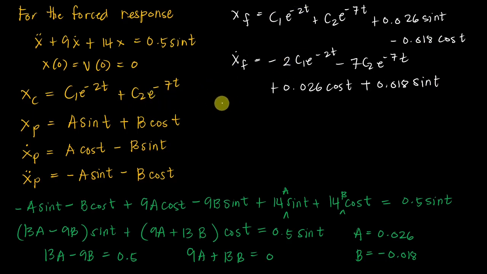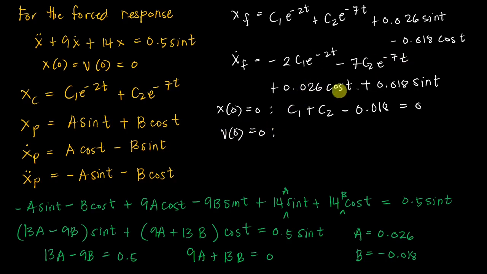Now, let's substitute the initial conditions. When x of 0 is 0, what remains in the expression of x is C1 plus C2, the sine term vanishes since sin 0 is 0, minus 0.018, equals 0. Next, v of 0 is also 0.